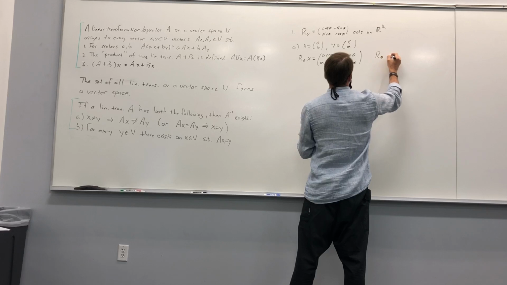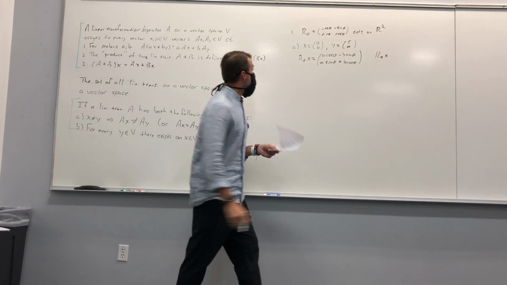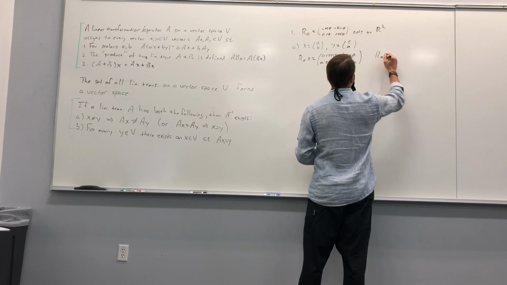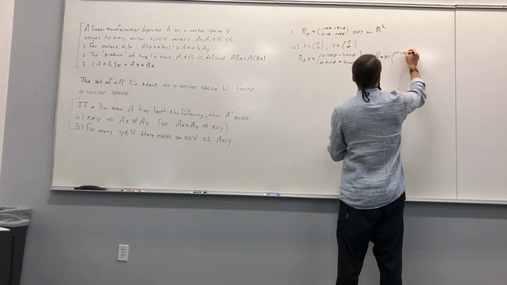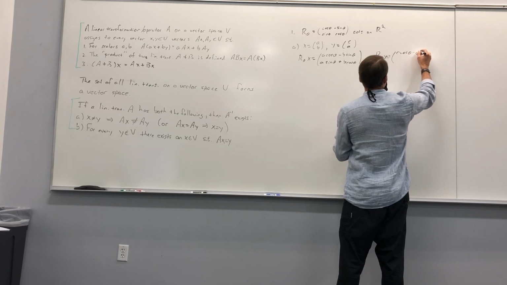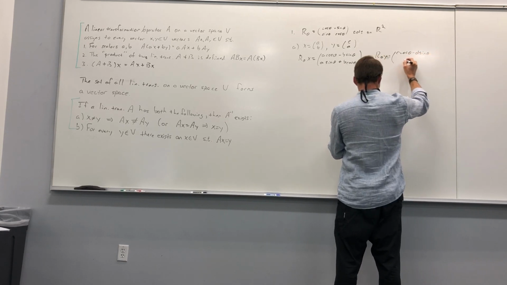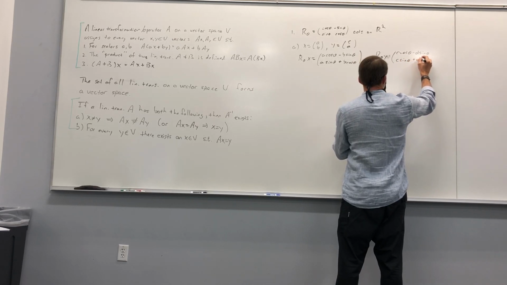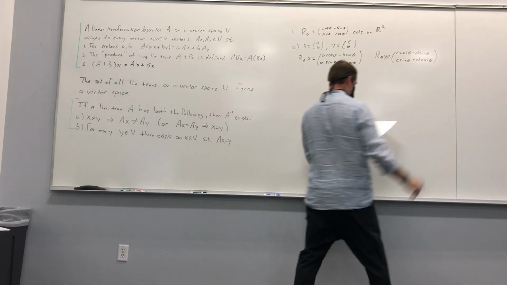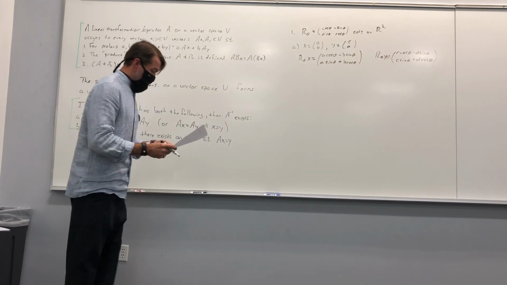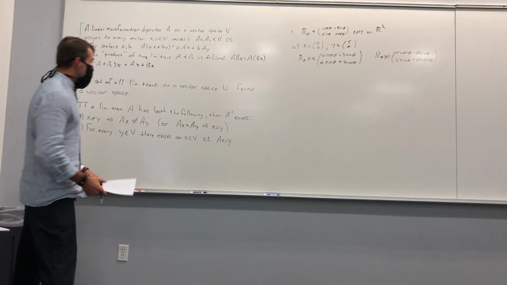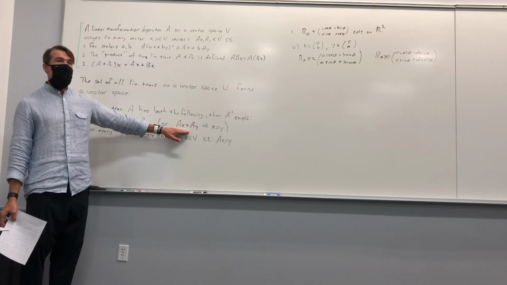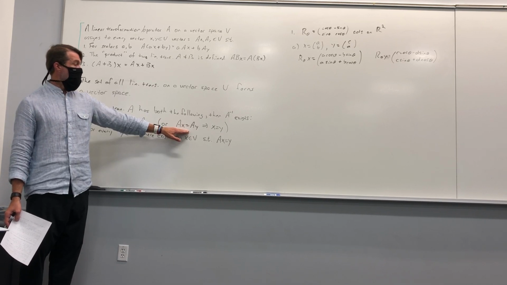And then I can separately enact the linear transformation on vector y, which is going to give me c cosine theta minus d sine theta, c sine theta plus d cosine theta. Now, what we're going to do is use this version of the first condition.